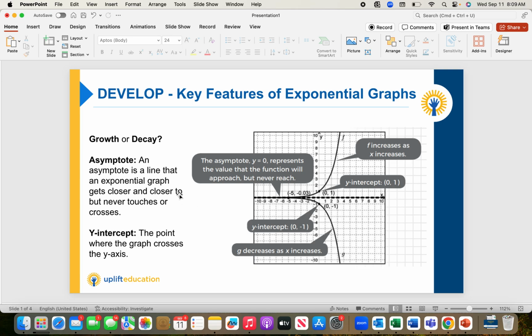All right. The asymptote. So the asymptote is where the line is approaching, but it never goes underneath. So it just kind of depends on the graph, and we're going to look at some of the examples here just to identify the horizontal asymptote. But the horizontal asymptote for this one is this dashed line. It's a little bit hard to see because it's on the x-axis, because in this case the horizontal asymptote just happens to be 0.